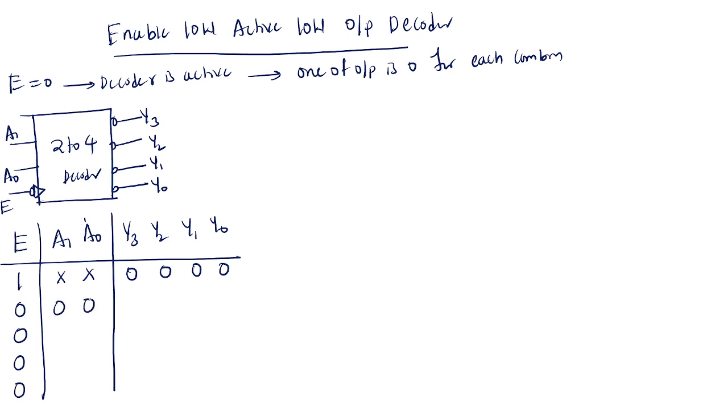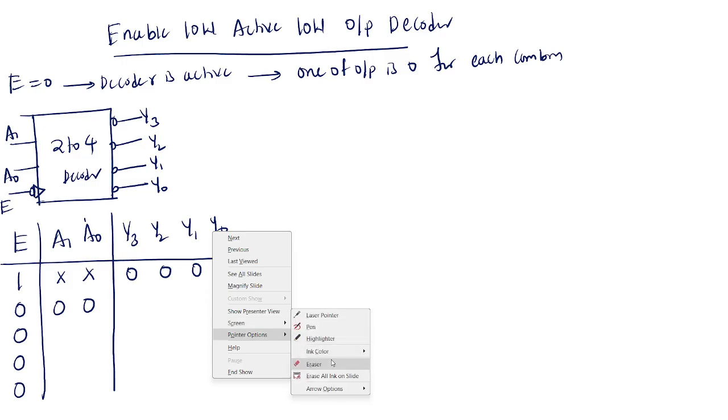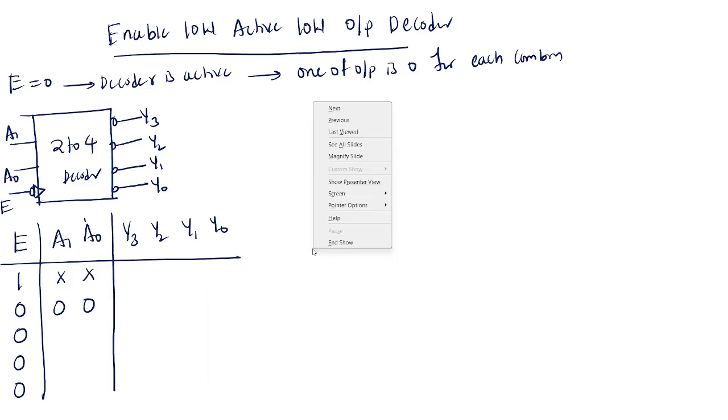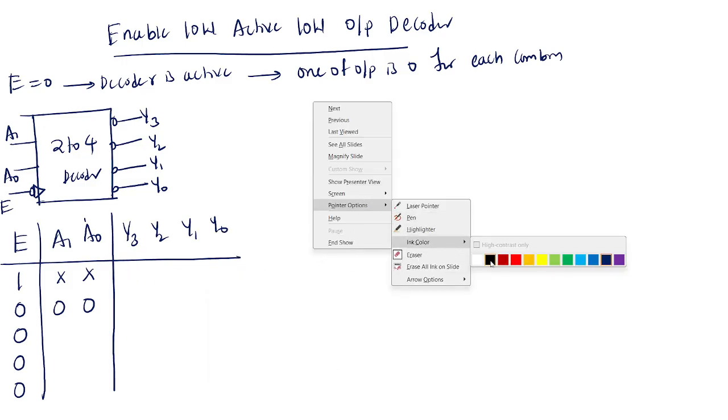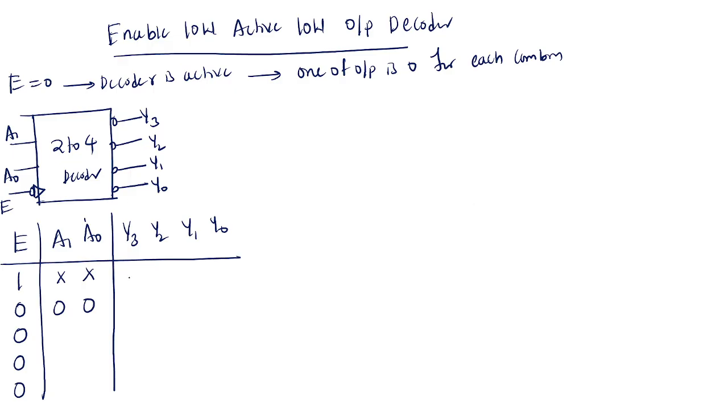For 0 0, Y0 will be 0, remaining all are 1. For 0 1, Y1 will be 0, remaining all are 1. For 1 0, Y2 will be 0, remaining all are 1. And for 1 1, Y3 will be 0, remaining all are 1.